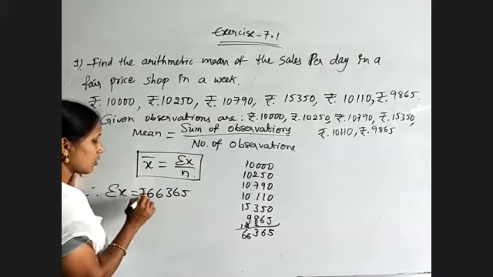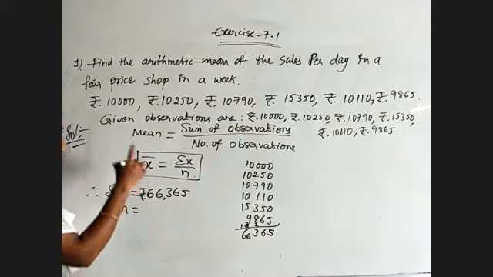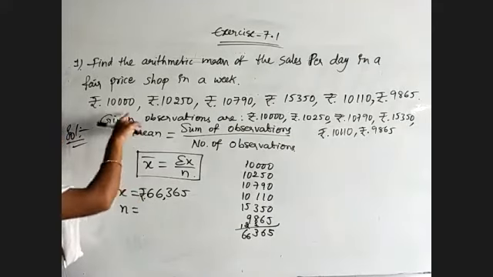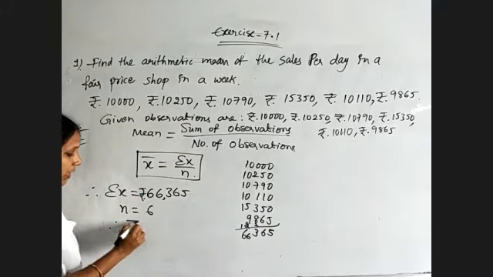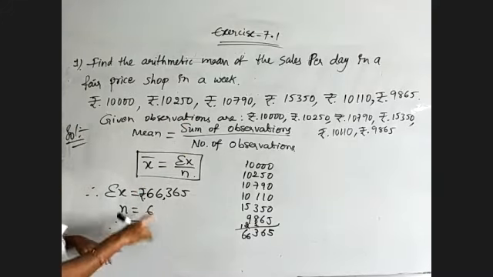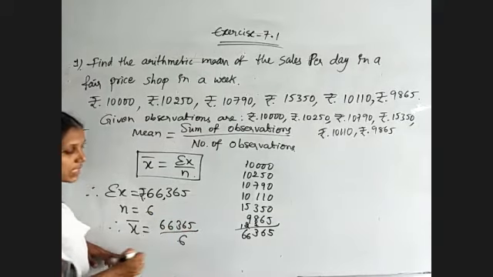So all are in rupees. So 66,365 rupees. And then the number of observations. How many observations are there? Count 1, 2, 3, 4, 5, 6. Therefore, they are asking about the arithmetic mean, x bar will be equal to 66,365 divided by 6.